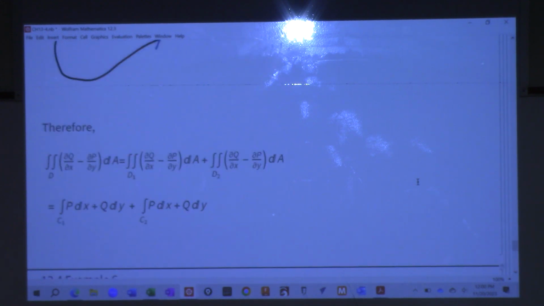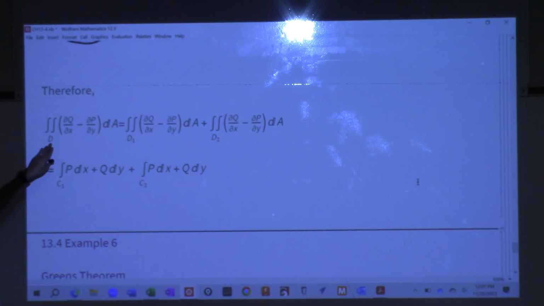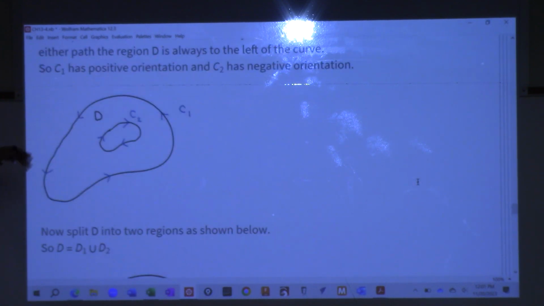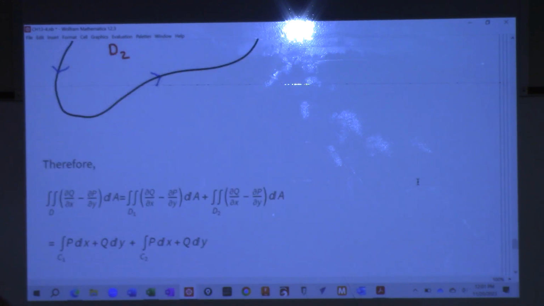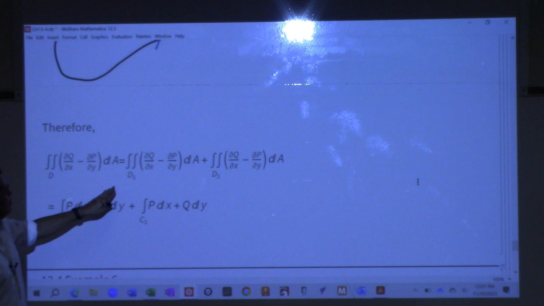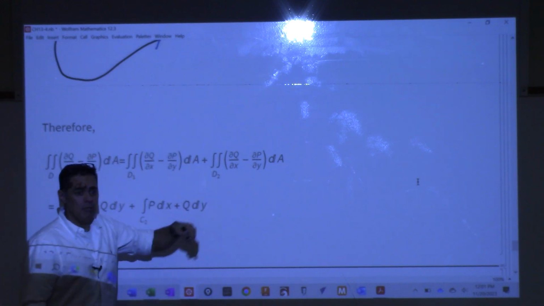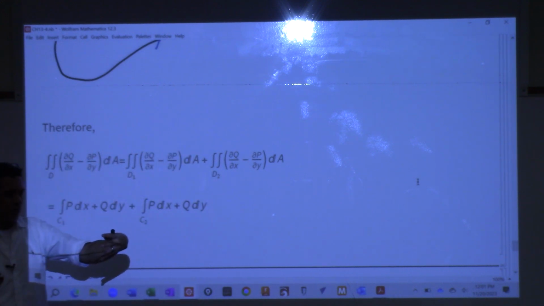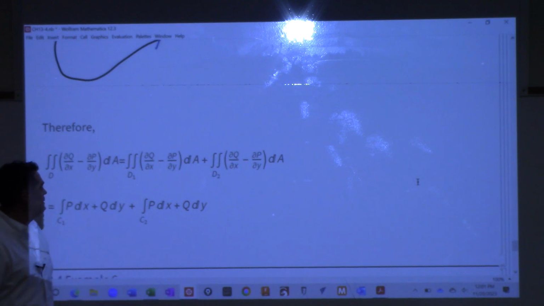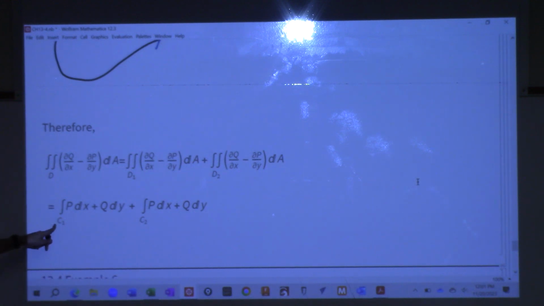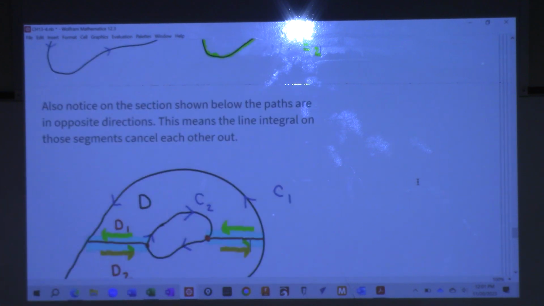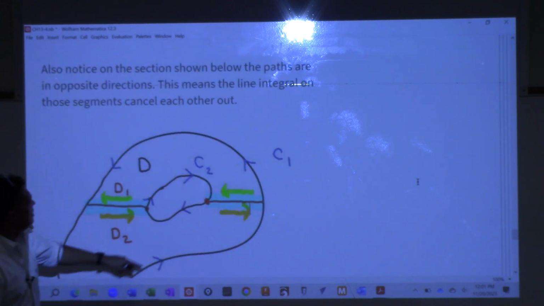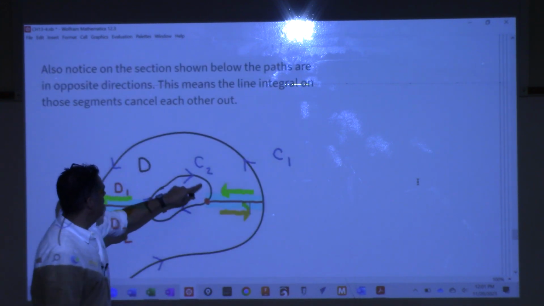Therefore, if we want to do Green's theorem, double integral over D, what we can do is the double integral over D1 and D2, because we should be able to split it into two separate regions. But then that should just be the line integral over C1 plus the line integral over C2. What was C? C1 was this one plus C2.